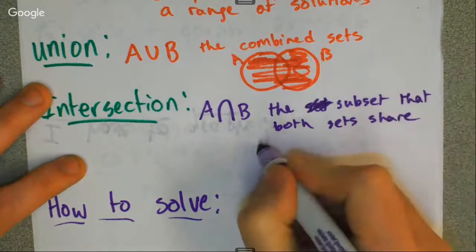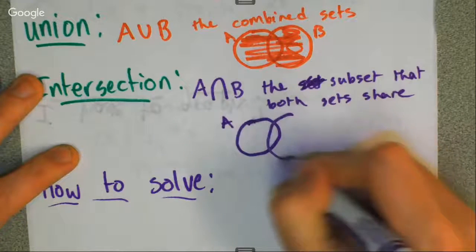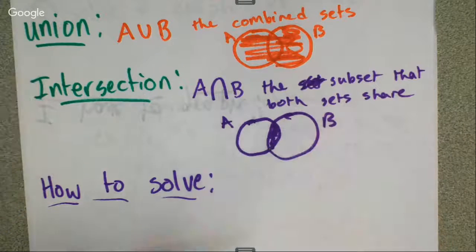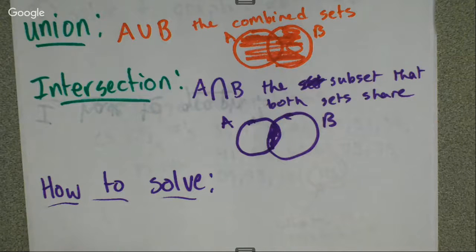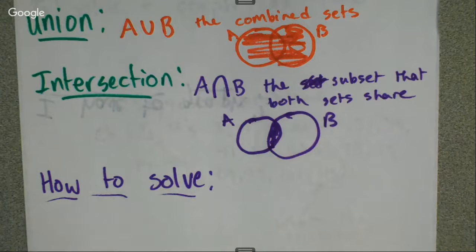Okay, so if I look at a Venn diagram here, we have A here, we have B here, and the intersection is what they both have in common. Okay, what they both share. We call it a subset because it's a smaller group of the original.